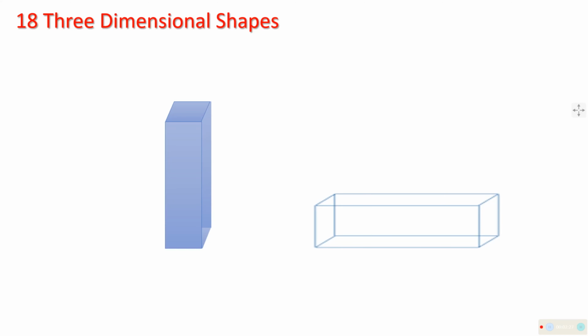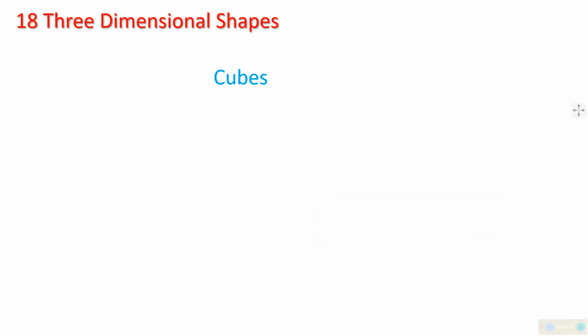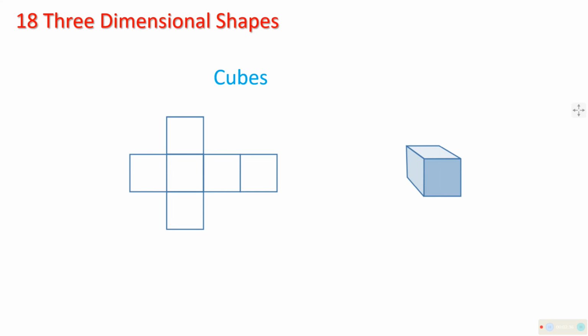I will be making you familiar with some more three-dimensional figures. Cubes, you have studied last year. Cubes also have their own net formation. If you fold this particular net properly, you can convert that into a cube. The most common cube is our dice which we use for playing.